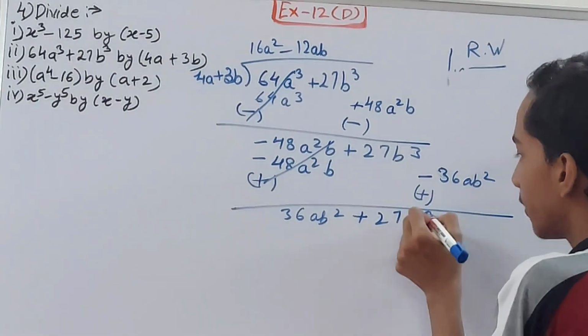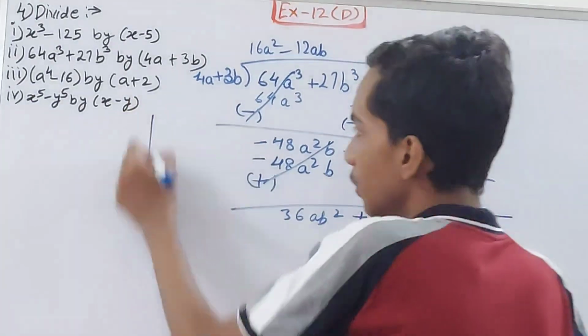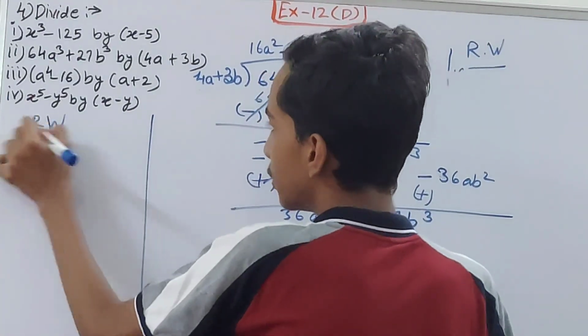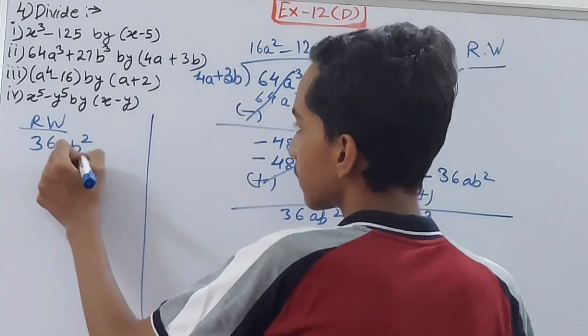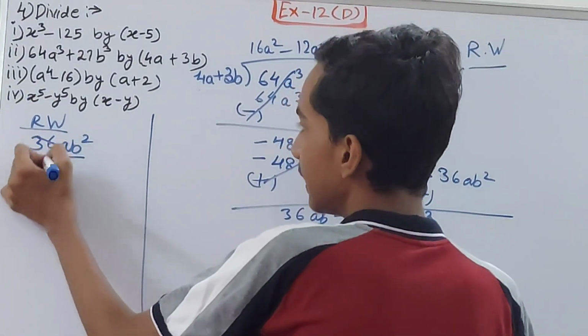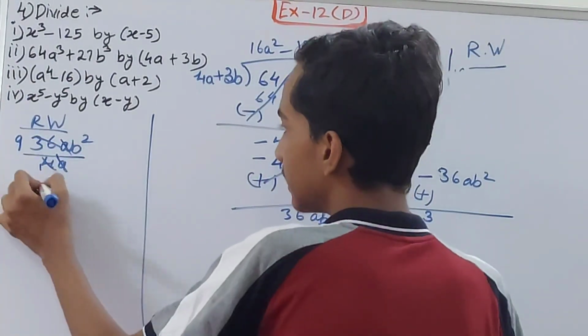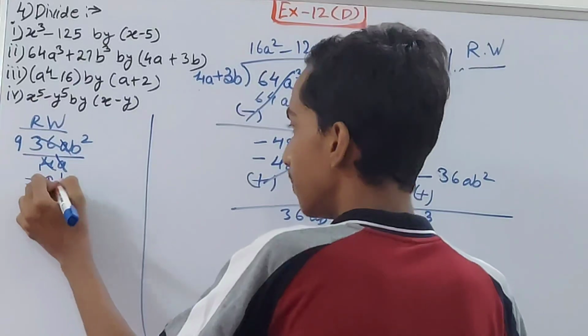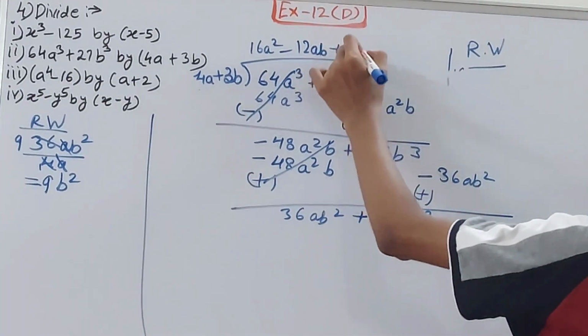Don't forget to bring down the 27B cube. Now you can divide it again. We'll do it here rather because we need more space. 4A and 36AB square here, right? Divide them. 36 goes 9 times by 4. A and A will cancel, so you have 9B square, right? So this will become plus 9B square here.